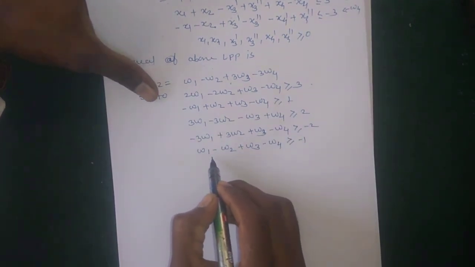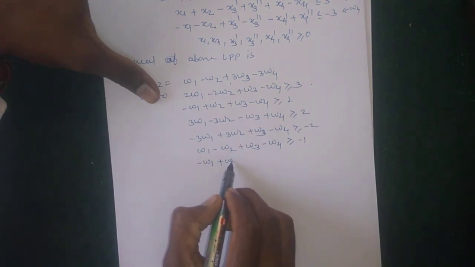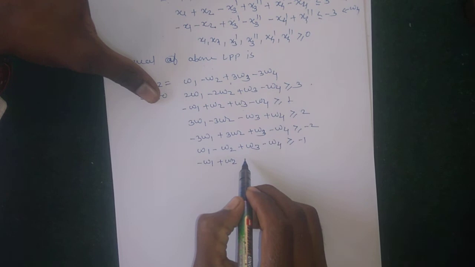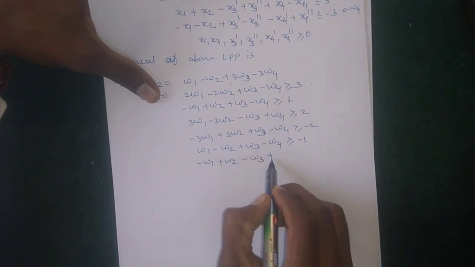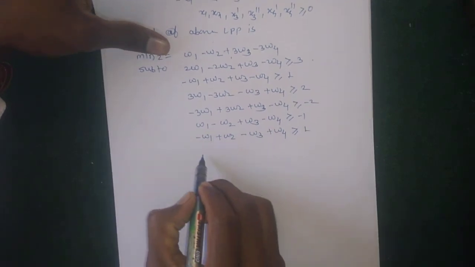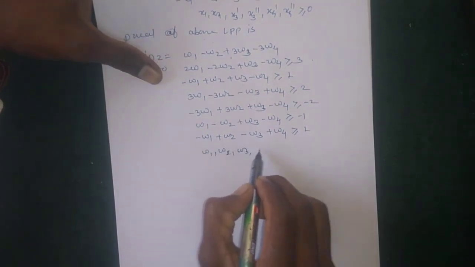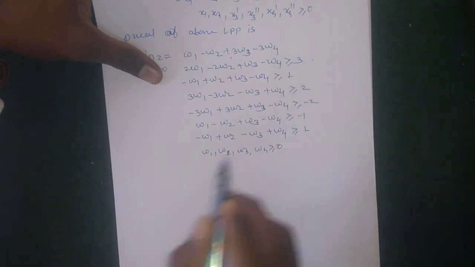And last, for x4'', -w1 + w2 - w3 + w4 is greater or equal to 1, and w1, w2, w3 and w4 are greater or equal to 0.